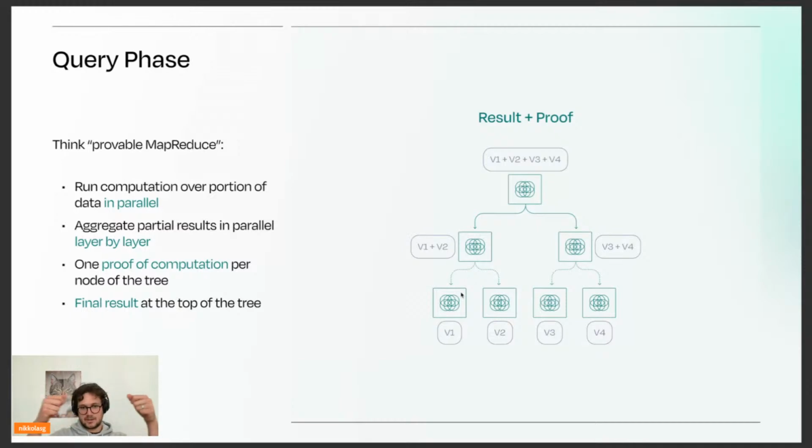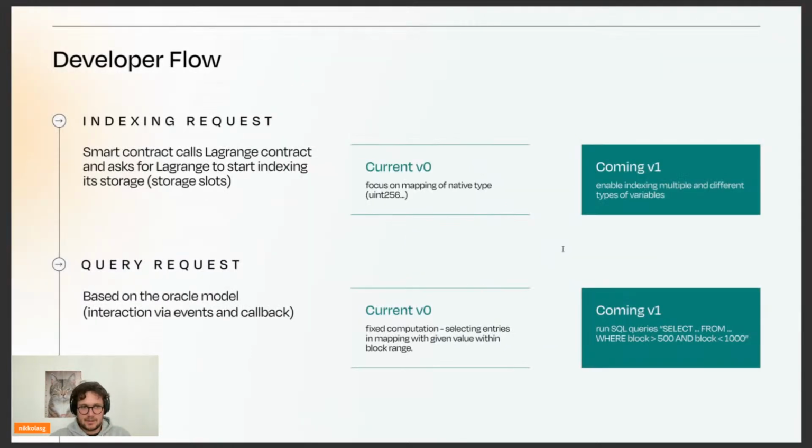What you can do instead is compute over partial subsets of the data in parallel on different machines, because the data is usually on different machines anyway, and then aggregate partial results together until you get a final result. This is exactly what we do, following the tree structure in our database. For the sum, we add V1 and V2 here, we add V3 and V4 here, and at the top we have a proof that aggregates the different subset proofs, showing V1 plus V2 plus V3 plus V4. But we're going to go into more detail on the database down the line.